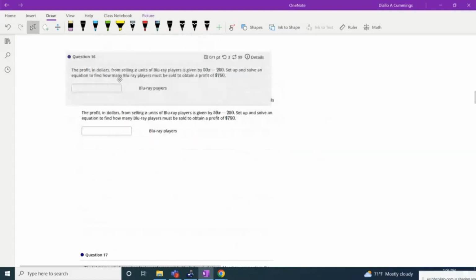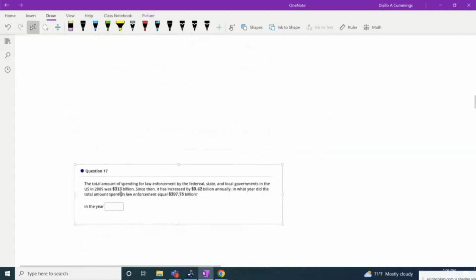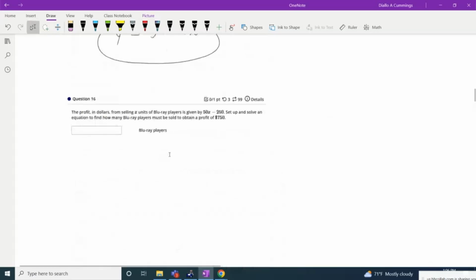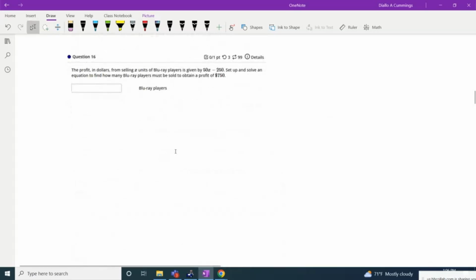Okay, now in the second module, you will also have to set up some equations. So this is number 16, and this is from 3.1. All right.